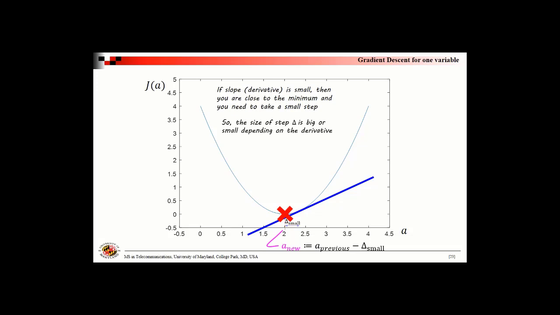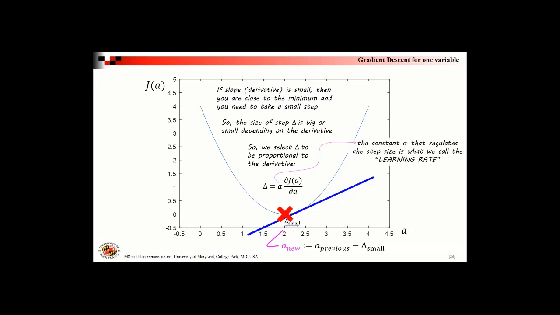So the step size delta is going to be big or small depending on the derivative that you experience at that current a position. That tells us that in gradient descent, our step size should be proportional to the derivative at our current point. And that constant that multiplies the gradient and regulates the step size is called the learning rate, which we're going to denote as eta, which we already talked about in linear regression.